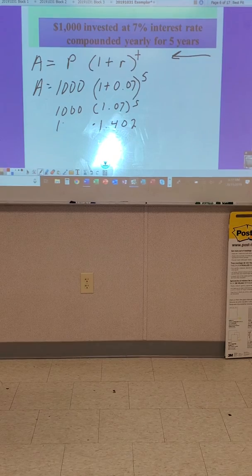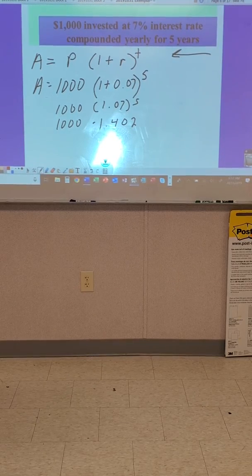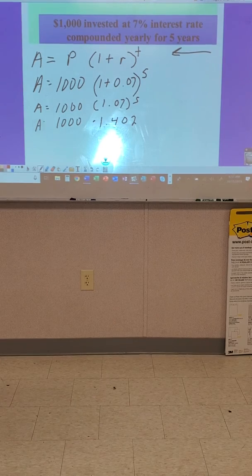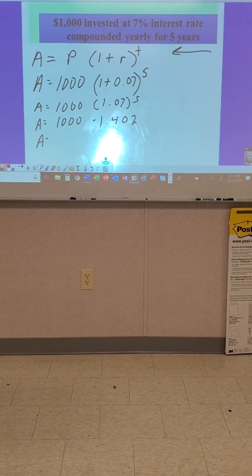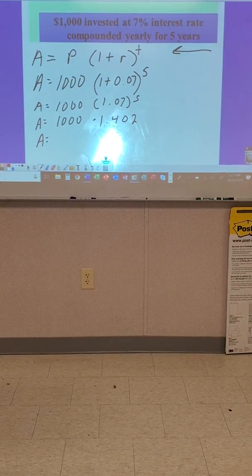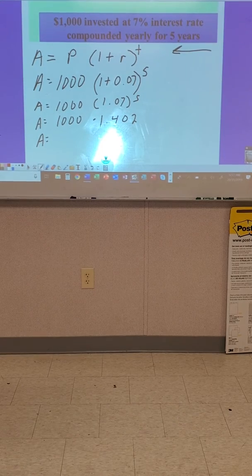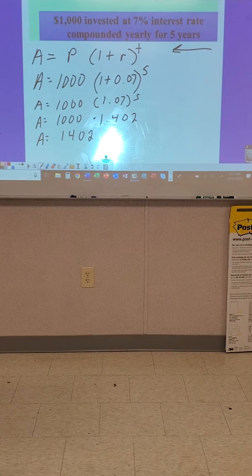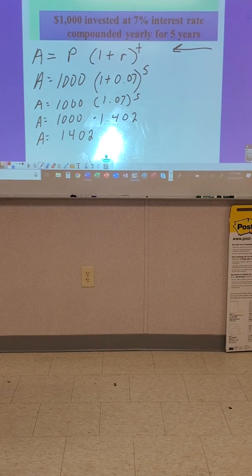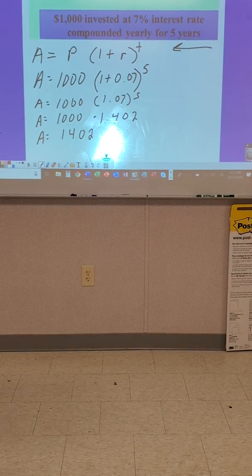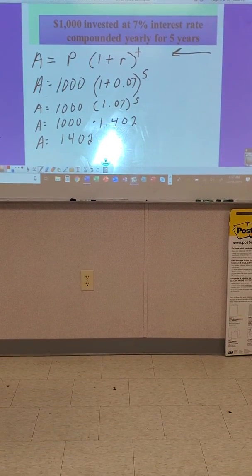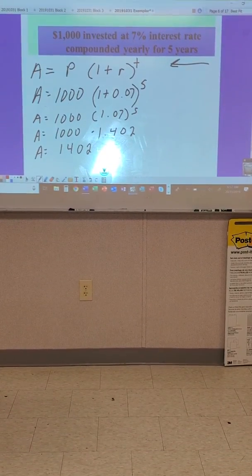All right. So the amount of our investment is worth $1,402. And so when you multiply any number by 1,000, you take the decimal point and you move it to the right 3 places.